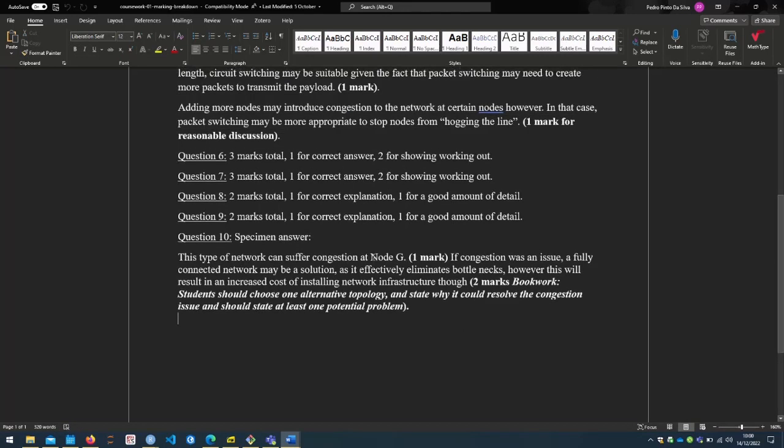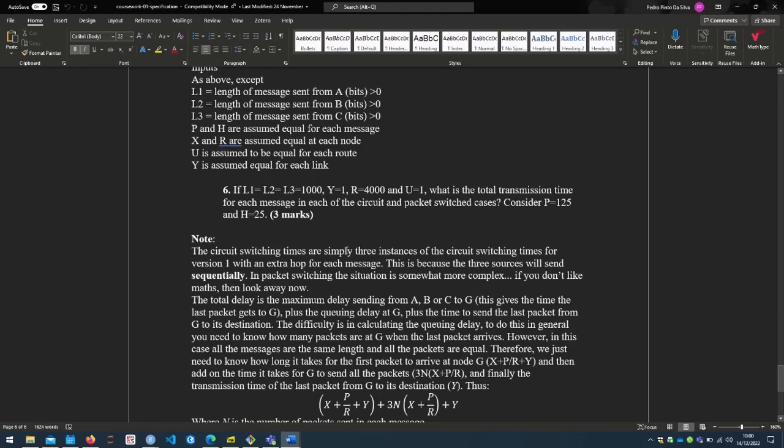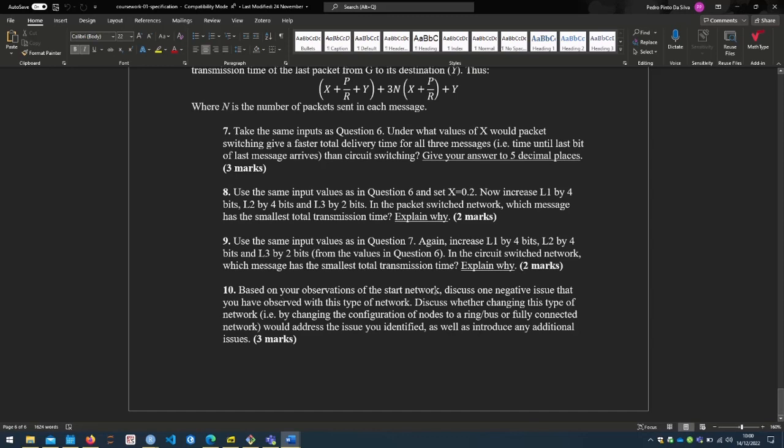So question 10. I need to recall what the question is. Based on your observations with the star network, discuss one negative issue that you observed with this type of network, and whether changing this type of network could address that issue as well as introduce additional issues. So what's the key issue about this topology that the first topology didn't have? So all traffic has to go through a central node, right?